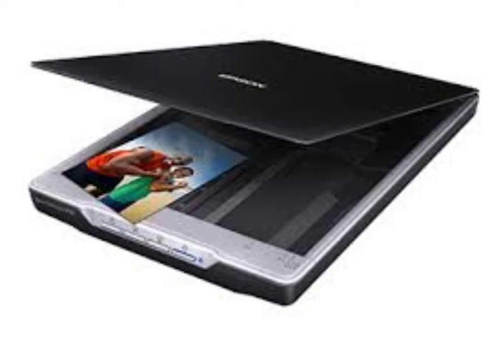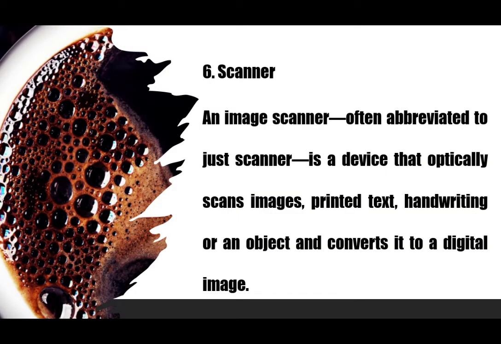For the sixth digital tool, we have the scanner. An image scanner, often abbreviated to just scanner, is a device that optically scans images, printed text, handwriting, or an object and converts it to a digital image.